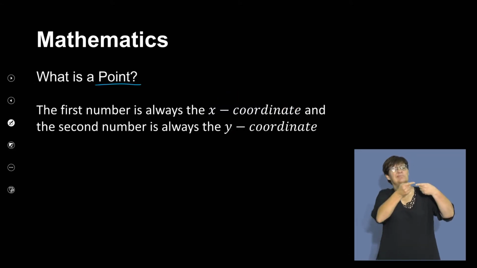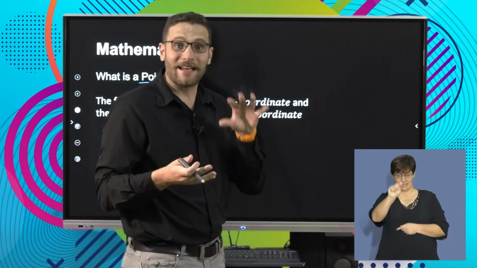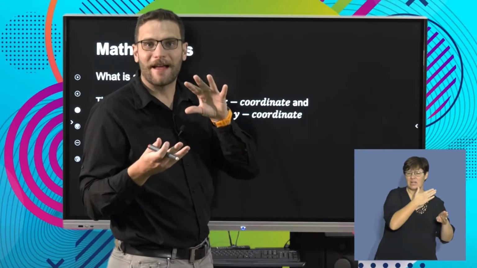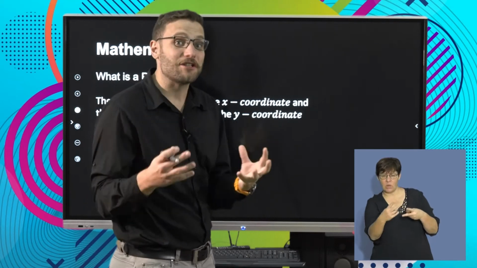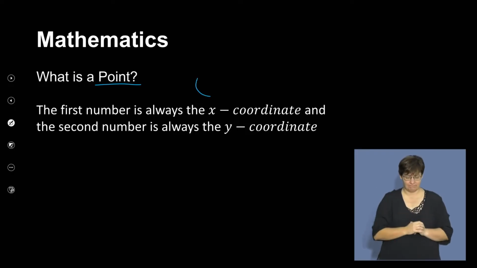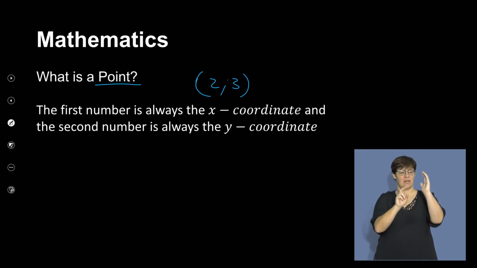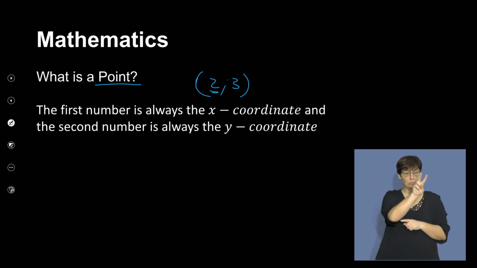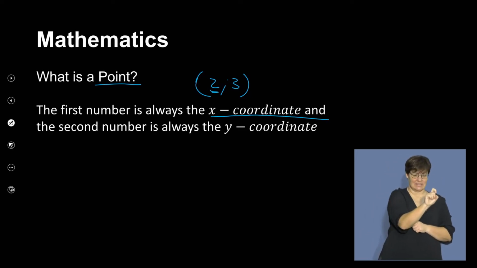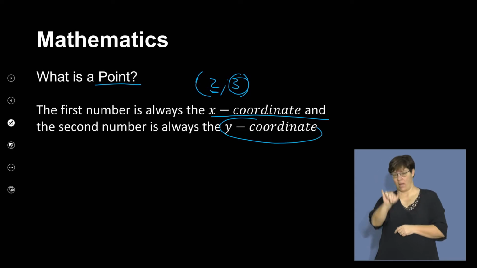Now, we spoke about points in functions and transformations on a Cartesian plane, and we spoke about a coordinate pair. So here I've written a coordinate pair, (2; 3) in brackets with a semicolon in between. The first number is always the x-coordinate, and the second number is always the y-coordinate.